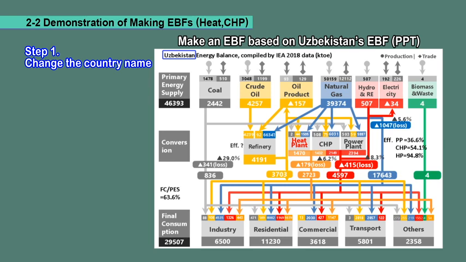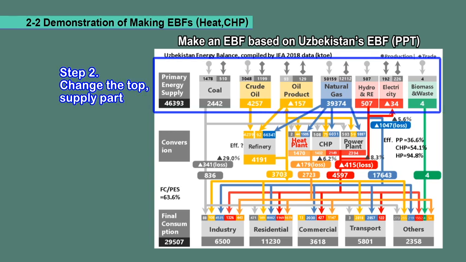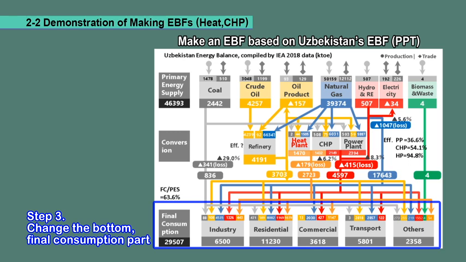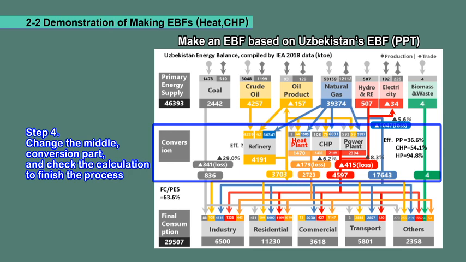Then go to the supply part at the top. Final consumption at the bottom is next. The middle conversion part is last. This part is complicated. This has heat plant, combined heat and power plant, and is the most complicated part as compared with other cases.